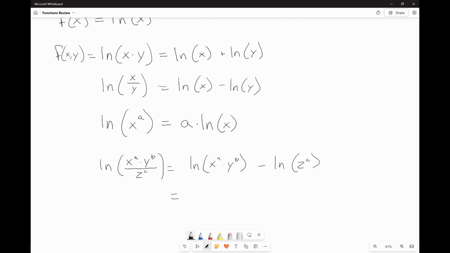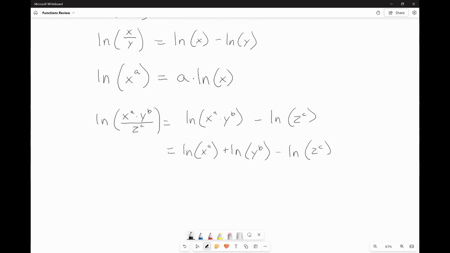All right, and I can decompose it even further to a times the natural log of x plus b times the natural log of y minus c times the natural log of z.